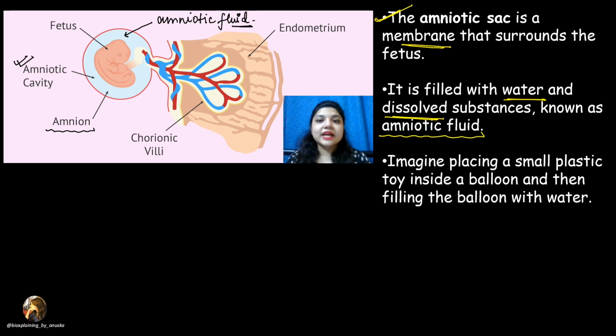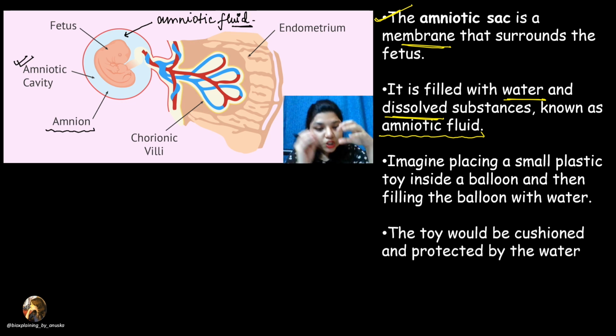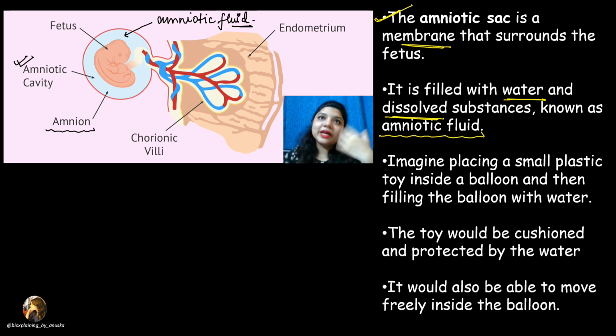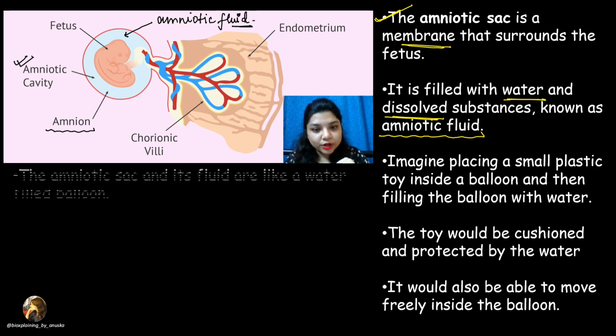Next, you can imagine this, that you have a small plastic toy and you're putting that plastic toy inside a balloon. And now you're filling the balloon with water, right? So what happens? That small plastic toy is now floating inside the water of the balloon, right? So this toy is now cushioned and protected by the water. It would also be able to move inside the balloon, floating inside the water.